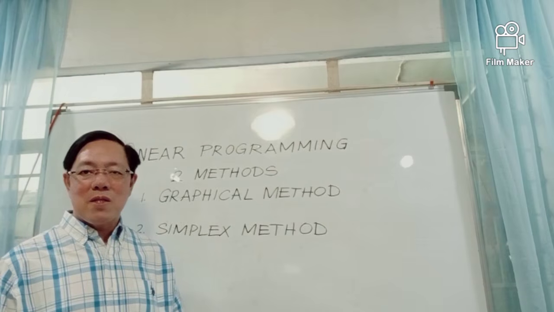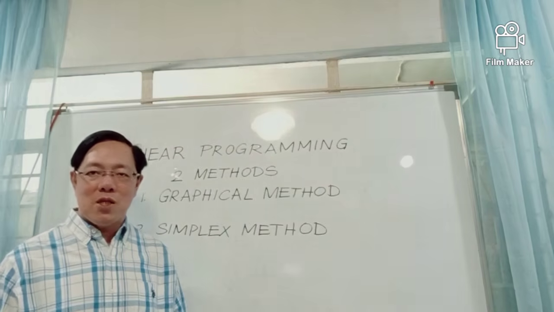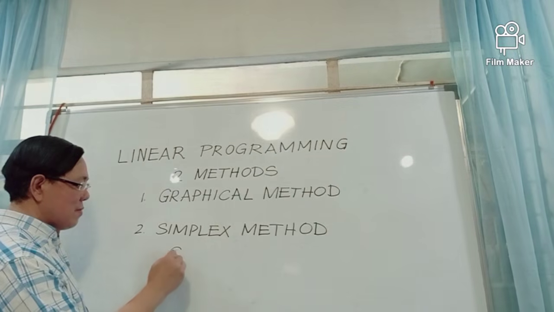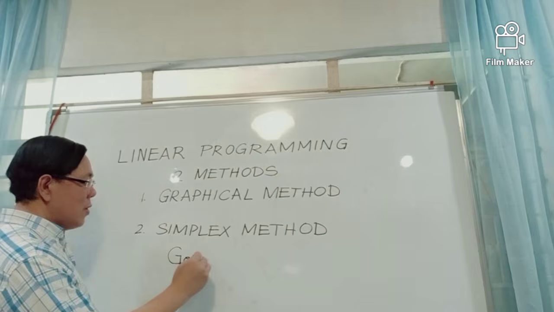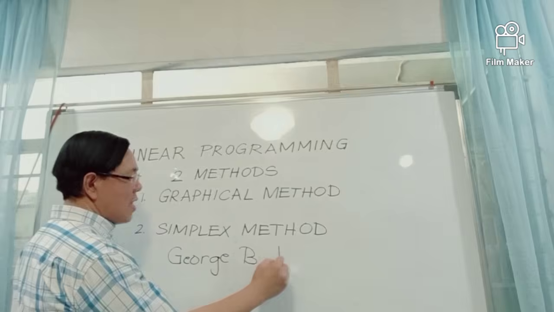The simplex method was developed by a German mathematician, and his name was George B. Danzig.